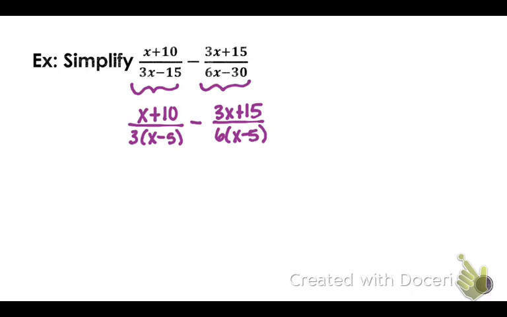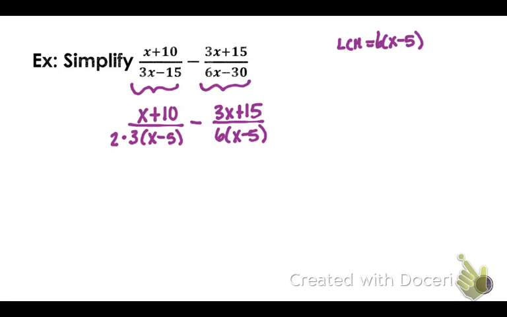Well, they both already have an x minus 5. So my least common multiple will definitely have an x minus 5. And then the smallest multiple of both 3 and 6 is 6. So my common denominator is 6 times x minus 5. So the fraction on the right already has the correct denominator. We need to multiply the fraction on the left by 2 to get the correct denominator.